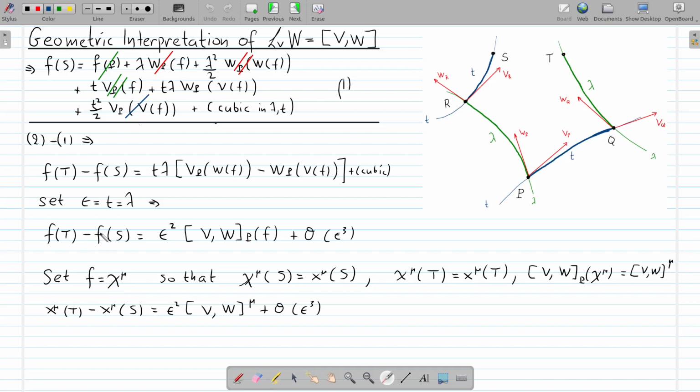Notice that if we use as function f the function chi mu, then the difference of the coordinates mu of those two points is given by the mu component of the commutator of v and w in this coordinate system. So if its coordinates are to be the same, then v and w must commute, and their commutator being equal to 0.